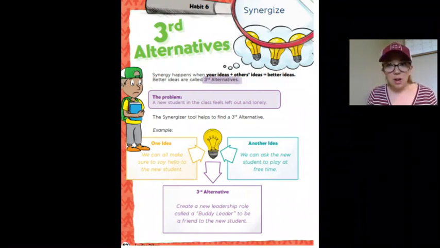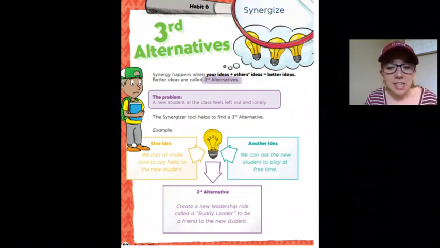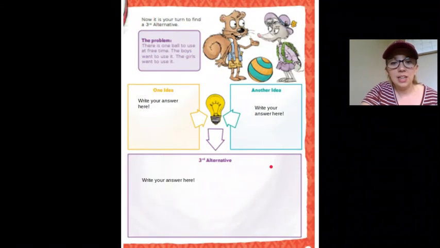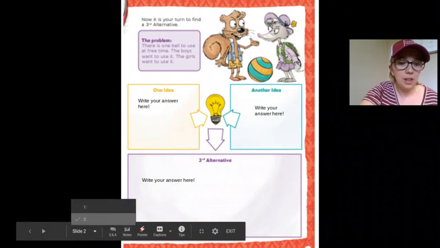And to figure out how to do that, his class used a tool called the Synergizer tool. So that's what this whole thing is right here. This is called a Synergizer tool. And all of these ideas, oops, I went one slide too far. There we go.